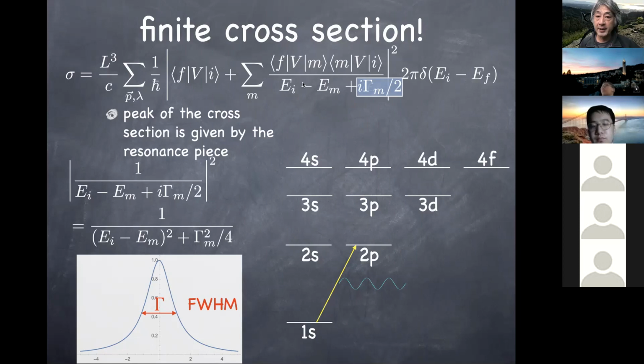I just extracted the behavior coming from this denominator. And this is the absolute square of this complex denominator. So I can easily work out that this is the real part squared plus the imaginary part squared, right? And as a function of the energy of the photon, that's E_i, it has this peak. It no longer diverges.